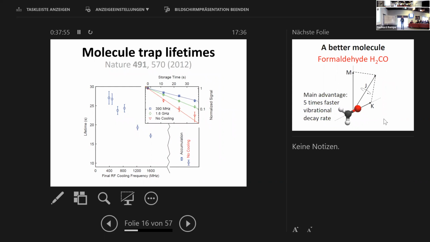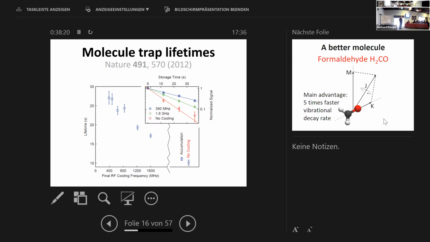Okay, this is maybe also showing the molecule lifetime. So this is the lifetime in seconds as a function of this final radio frequency cooling. We start with something like a 10-second lifetime. And please remember, as molecules get slow, they follow an erratic electric field in the vicinity of these plugged holes.